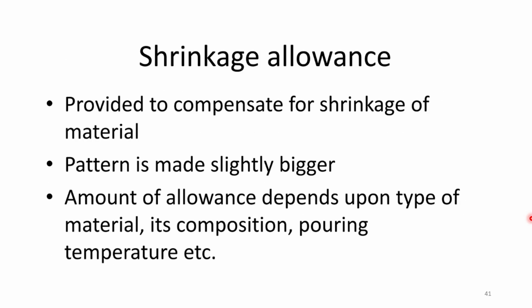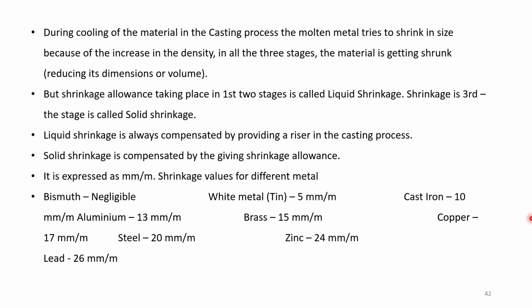So in case of shrinkage allowance, you provide extra material in the pattern to compensate for shrinkage of material, and the pattern is made slightly bigger. Your amount of allowance depends upon the type of material. For the final material that you are casting, for example aluminum, lead, the amount of allowance required differs.